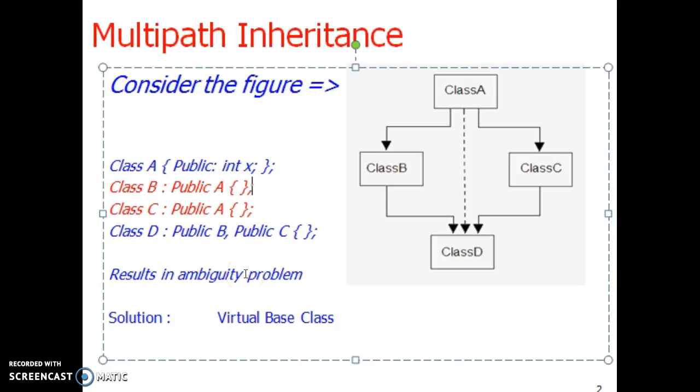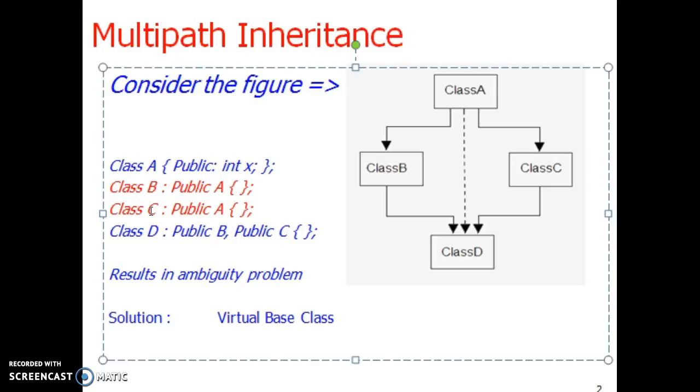This results in the ambiguity problem because you have x inherited from class A as two copies, one copy through class B and another copy through class C. So this is the ambiguity problem which is present in multipath inheritance.